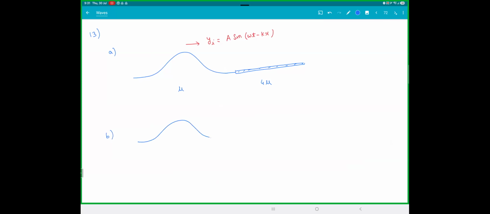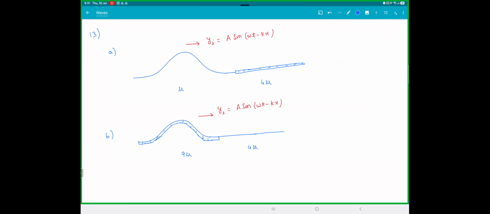Second case, we got a thick string and a thin string. This is 9 mu and this is 4 mu. These are the two cases, right? Thin to heavy, heavy to thin. So we will see both.